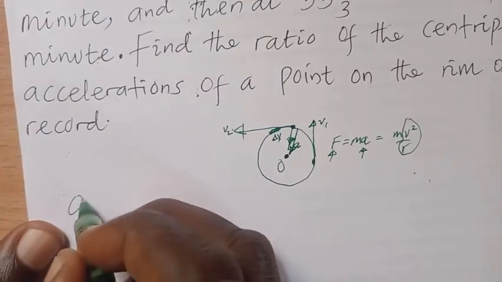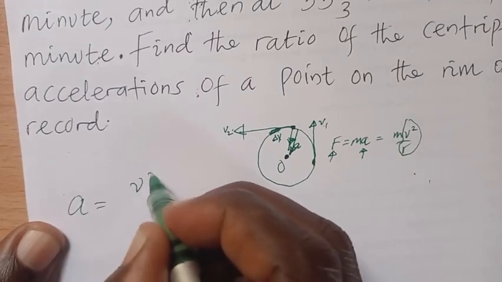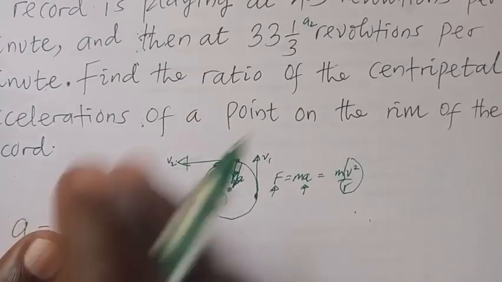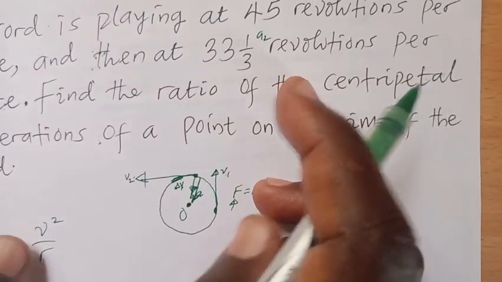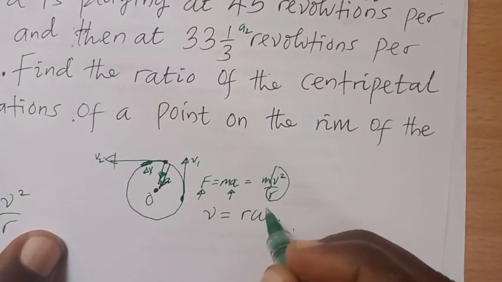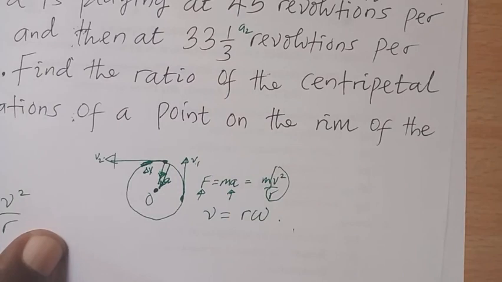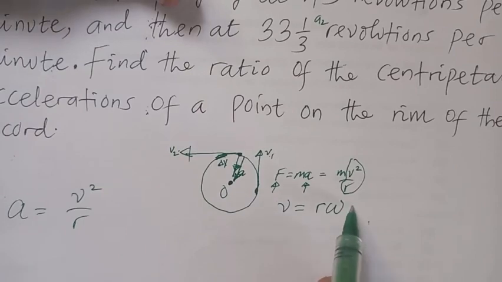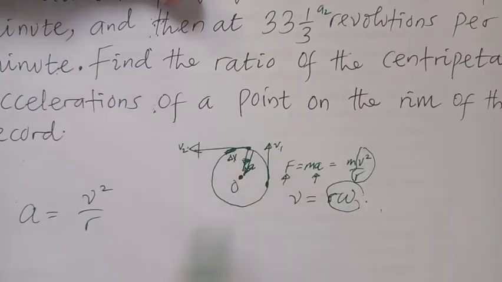Centripetal acceleration a is given by v square over r. But since I am not given the linear velocity here, there is a relationship that says v is equal to r omega, where omega is the angular velocity. Okay, I can substitute omega r everywhere I have v here.